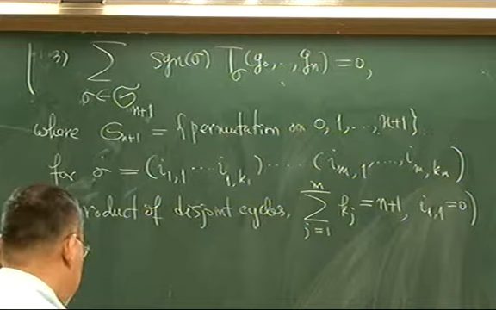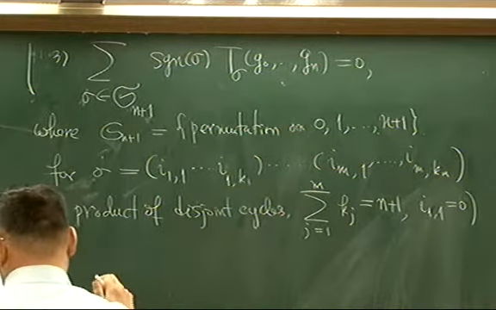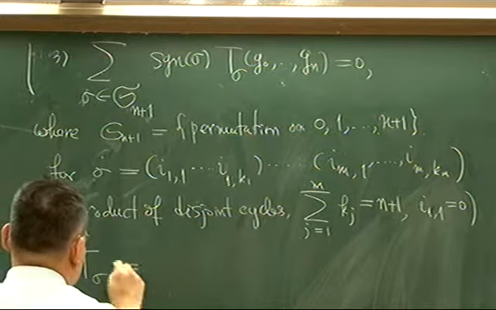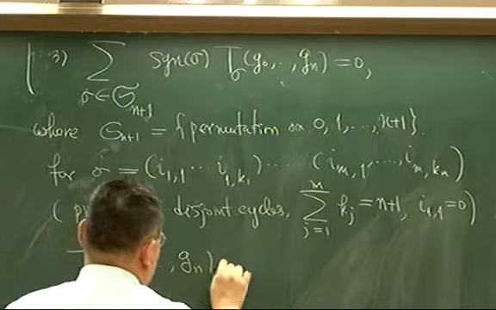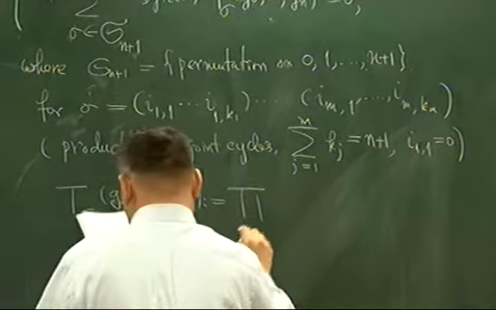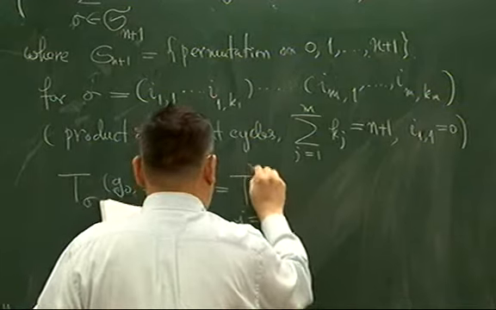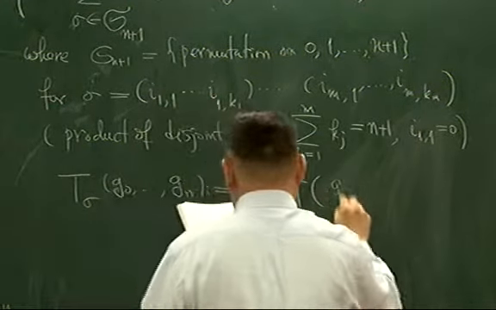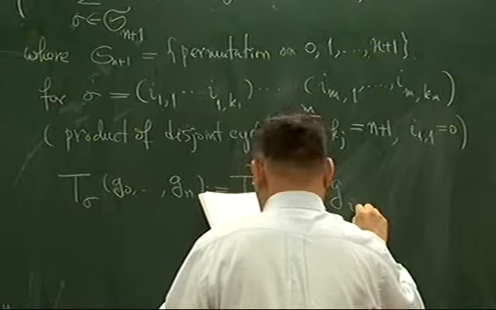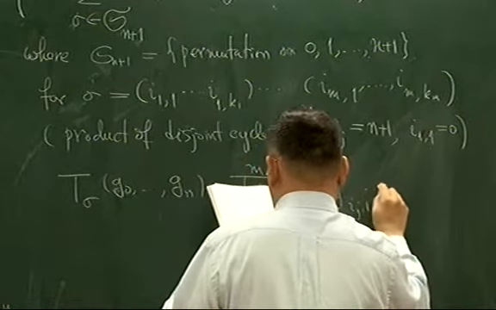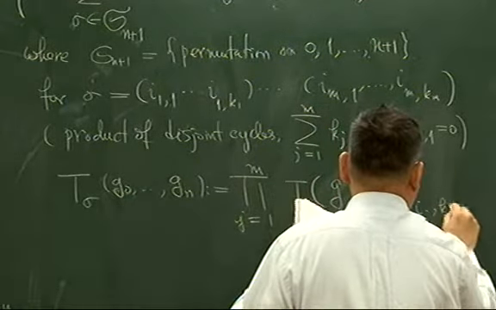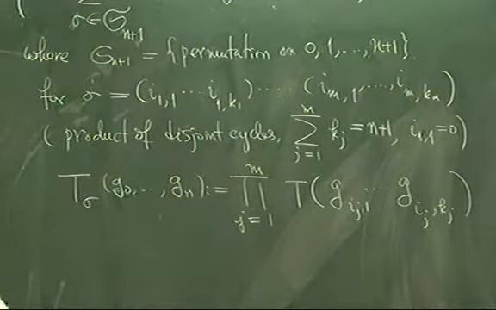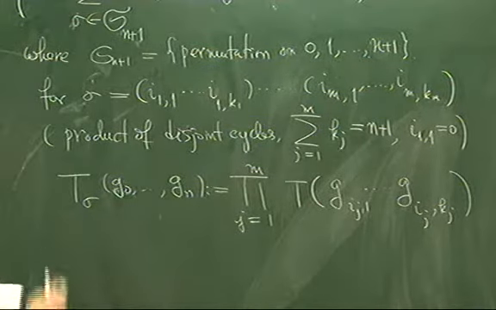For any permutation sigma given by this expression, T sigma of g_0 to g_n is defined by the product over j equal 1 to m of T of g_{i_j1} through g_{i_jk_j}. Okay, this is the definition of T sigma.